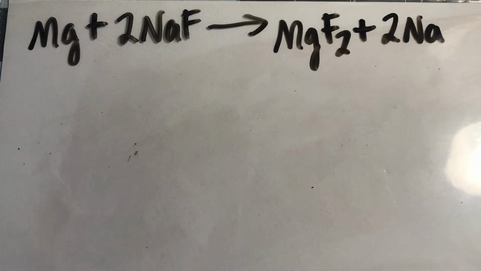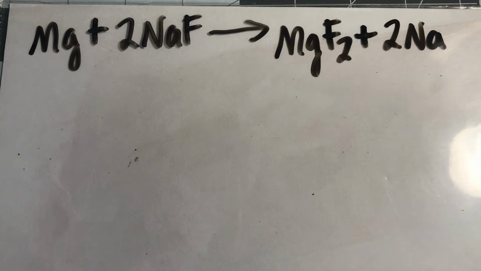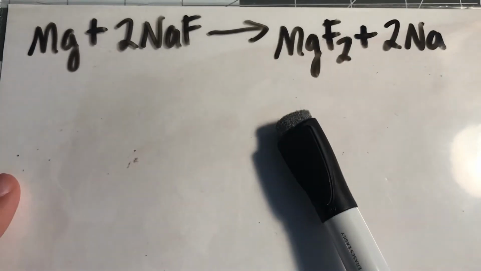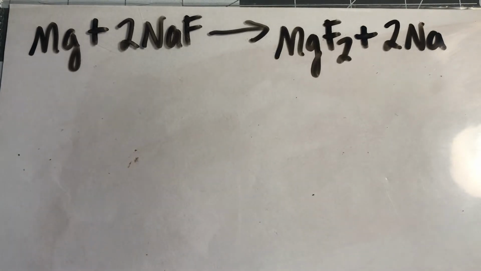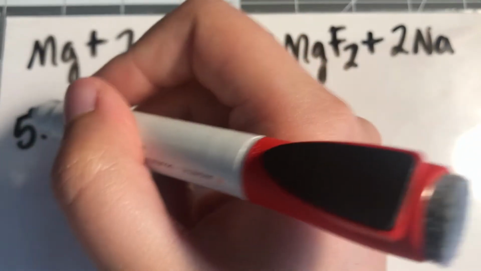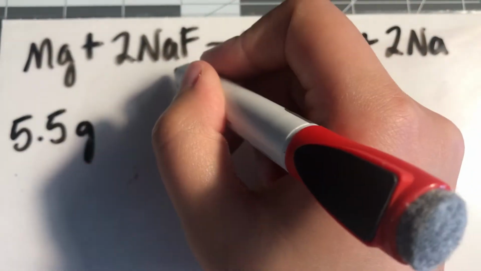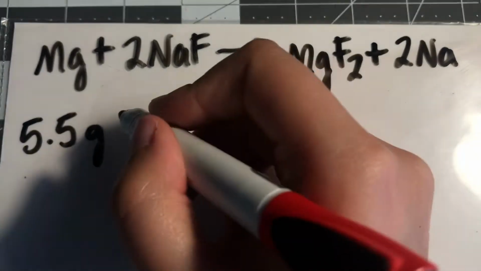We are going to do the same problem with the same values, but we're just going to change the compounds that we're looking at to actually match the equation that we're focusing on, okay? So our starting amount is still the 5.5, but instead of lithium chloride, we are going to say 5.5 grams of our sodium fluoride.